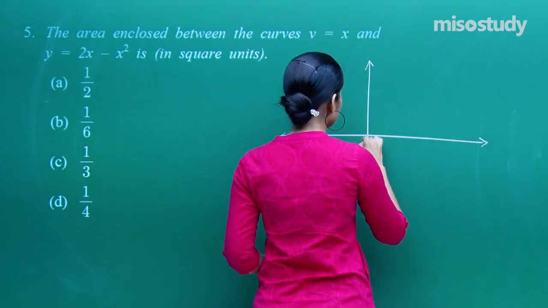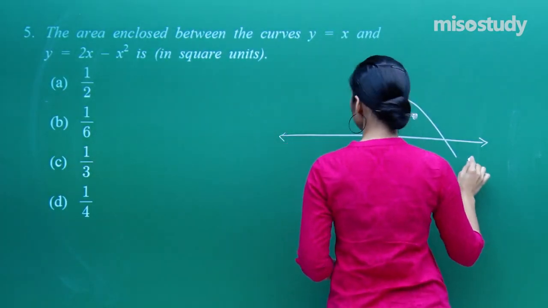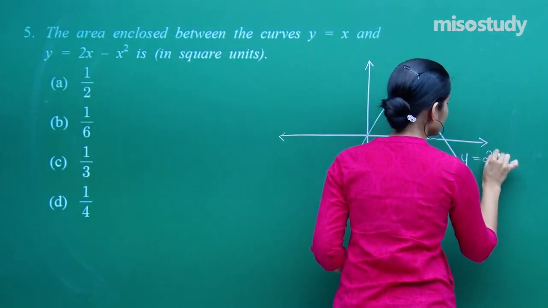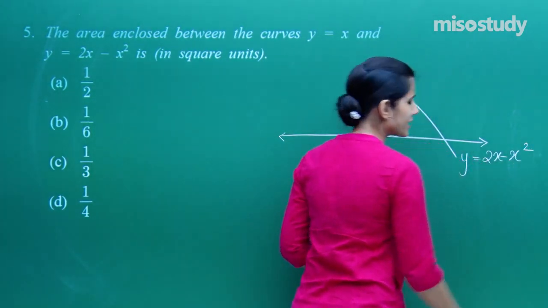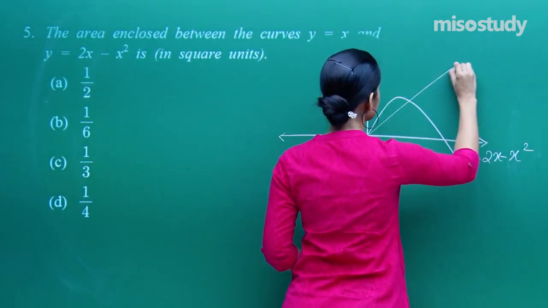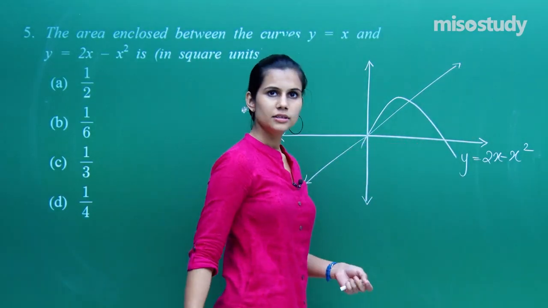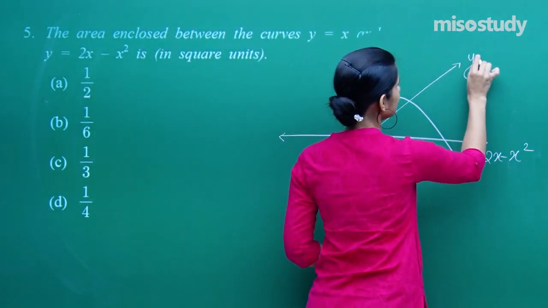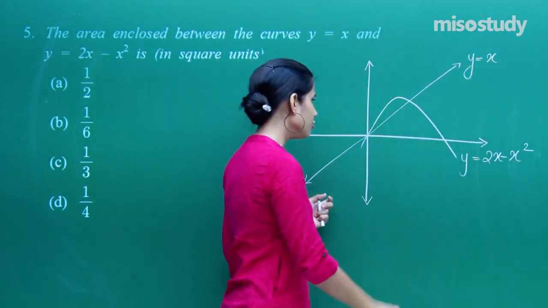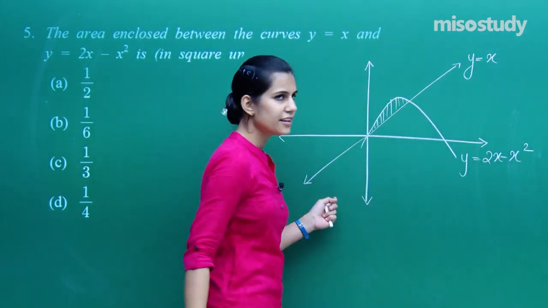This is a downward opening parabola, and y equals x obviously is this line. You need to find this area.